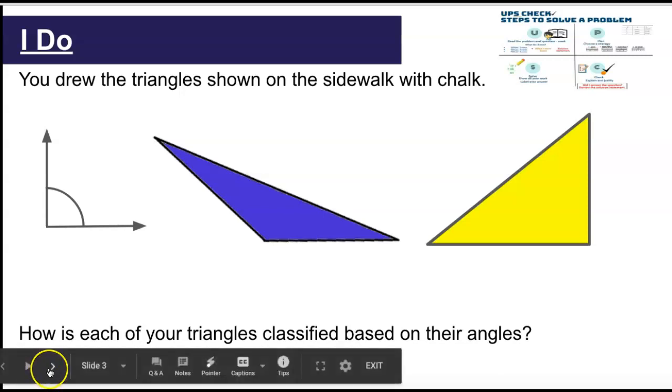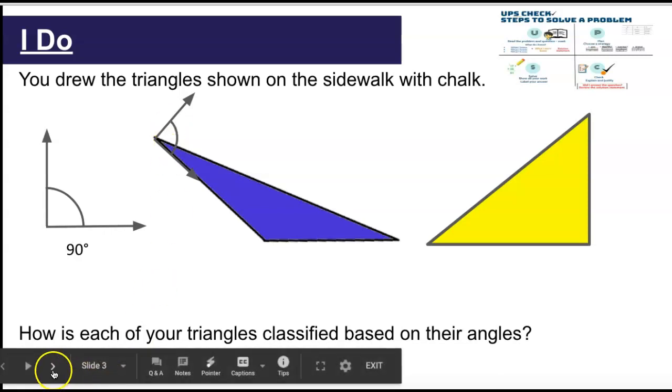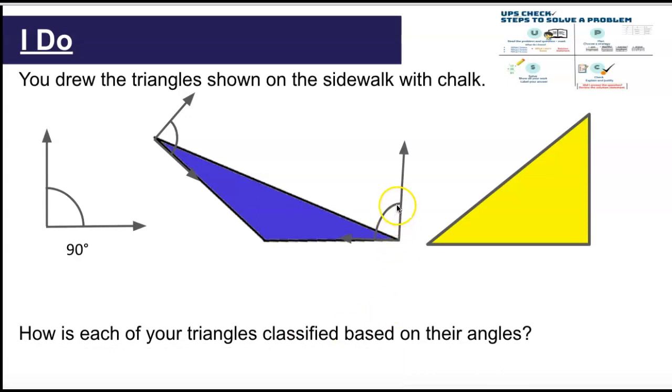I'm going to begin with the first triangle. I'm going to look closely at this triangle. This angle does not appear to be greater than 90 degrees. This angle is not as open as the one on the right side of it. As I look at my second angle, it is also less than 90 degrees.